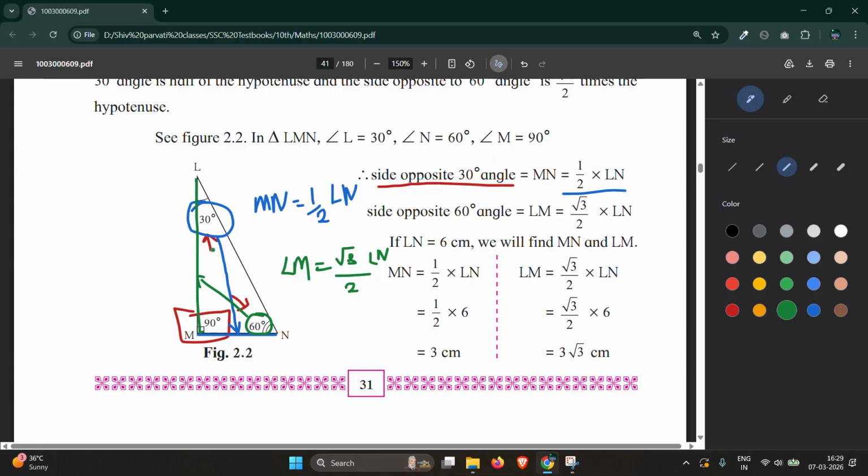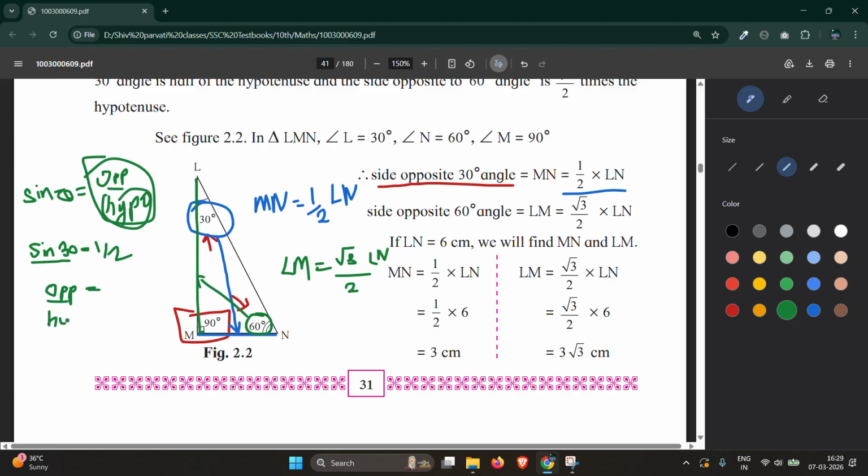This is just basic trigonometry, since we have sine theta equals opposite upon hypotenuse, and we have that sine 30 equals 1 half. So opposite upon hypotenuse equals 1 half.